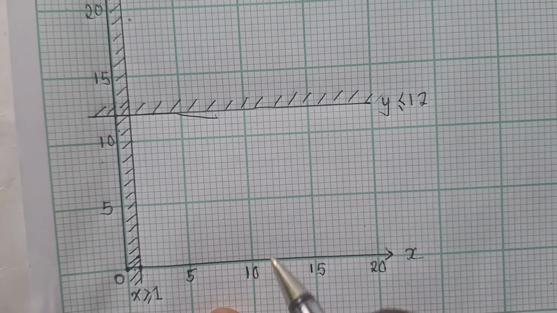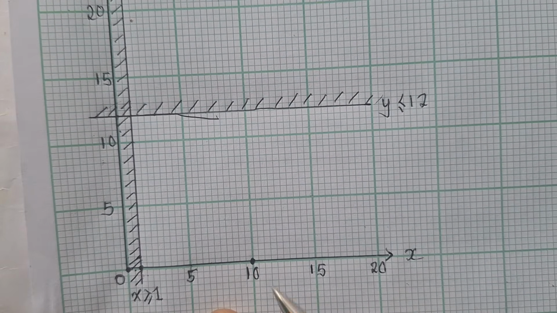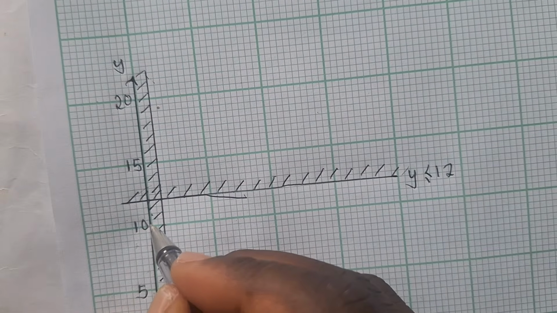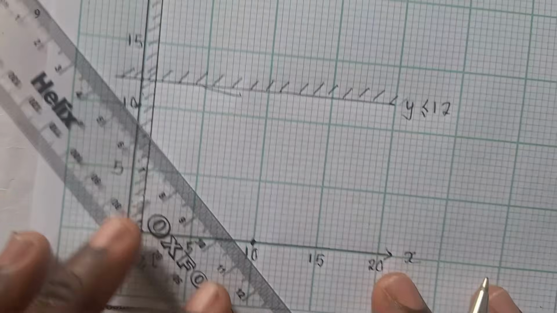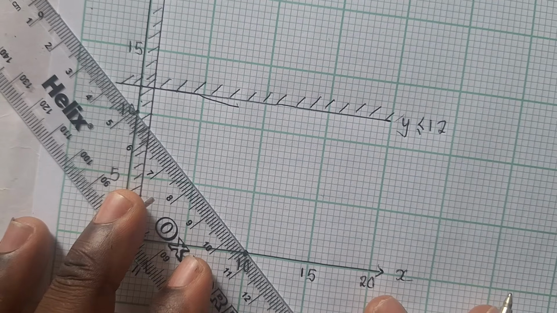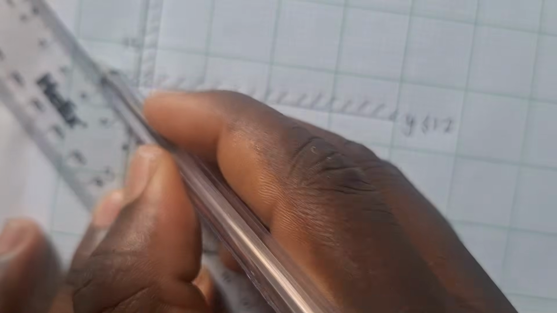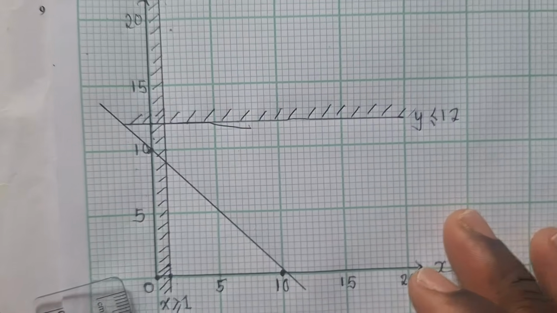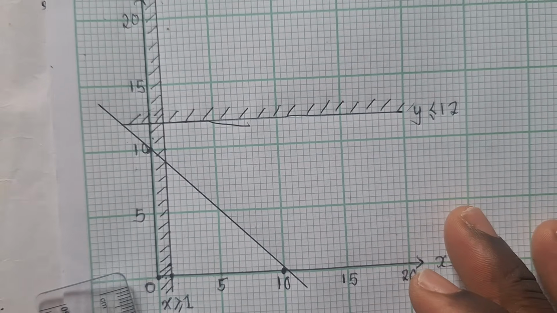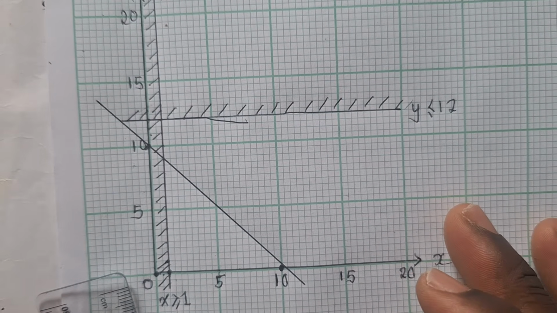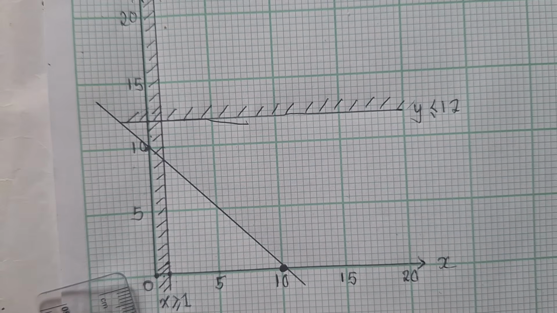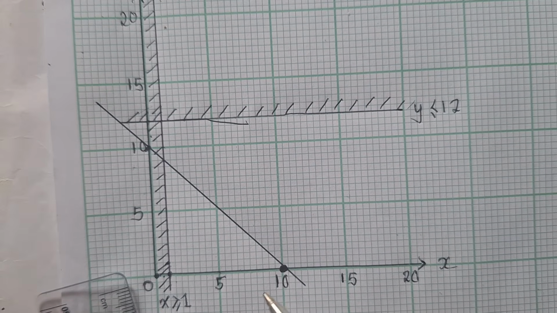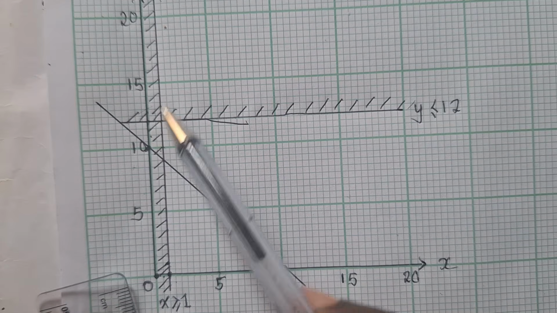Go to where 10 is. It's right here on the x-axis, and on the y-axis where 10 is here. And then you draw your line like this. So when you check nicely, this line is supposed to pass through this point here. Where is it supposed to be shaded? They said greater than 10. So the greater is the top part of the line.